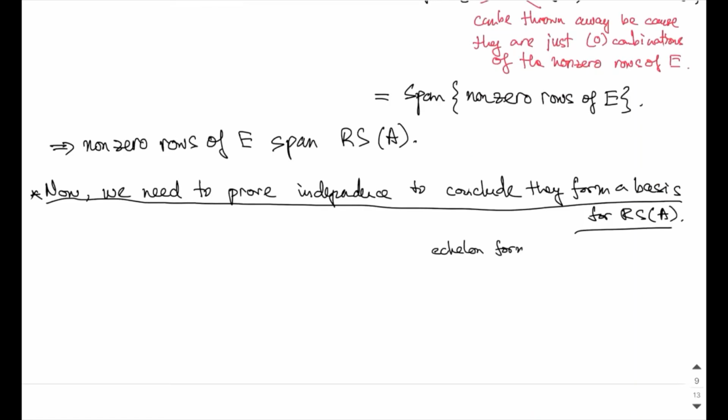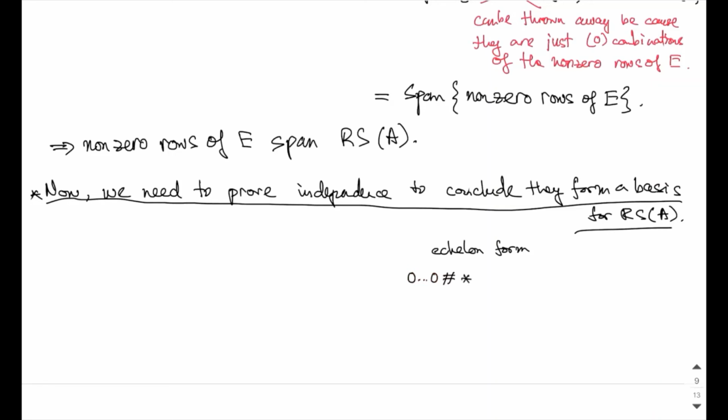Any echelon form will look something like this. You will have the first non-zero entry on the first row. Now the fact is that the first non-zero entry on the first row can sometimes be not the first entry of the matrix, because you may have a bunch of zeros before that. You may or may not have these zeros, but in general you may have. So let's put them there.